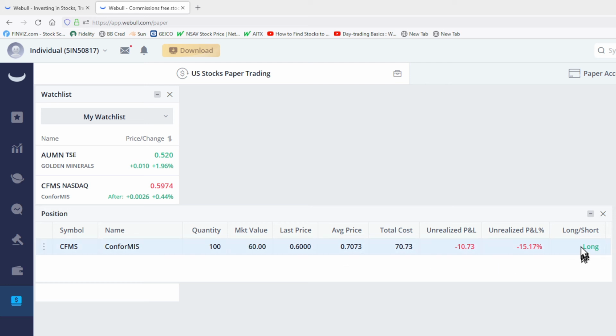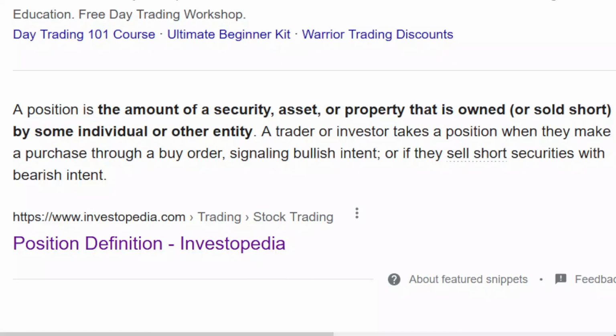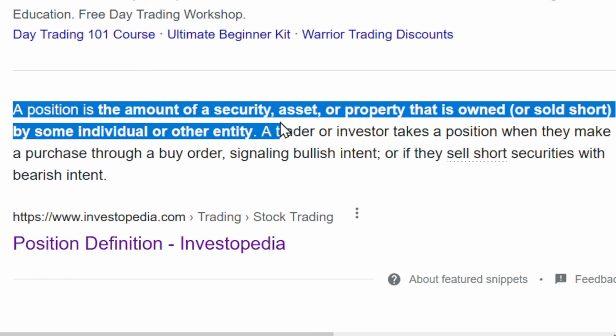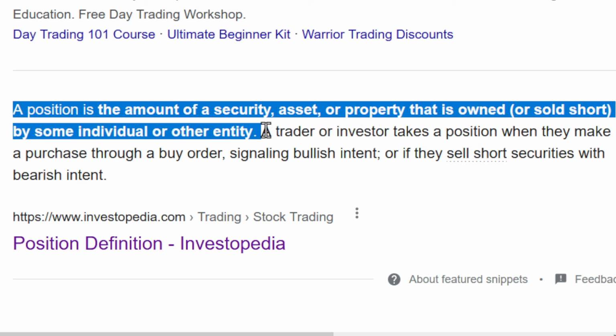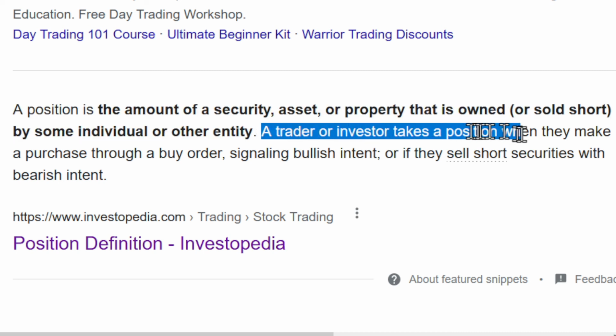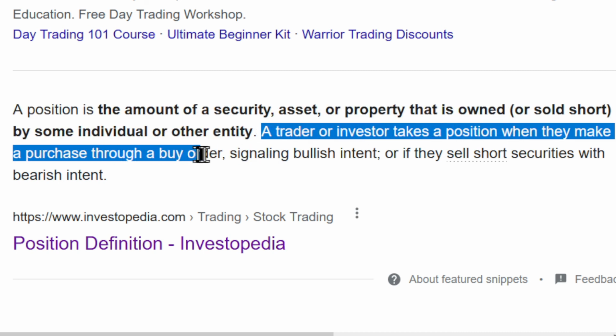And it says long and short. So I want to talk about what is position and long and short. According to Investopedia, a position is the amount of a stock that is owned by an individual. So a trader, us, takes a position when we make a purchase through a buy order.